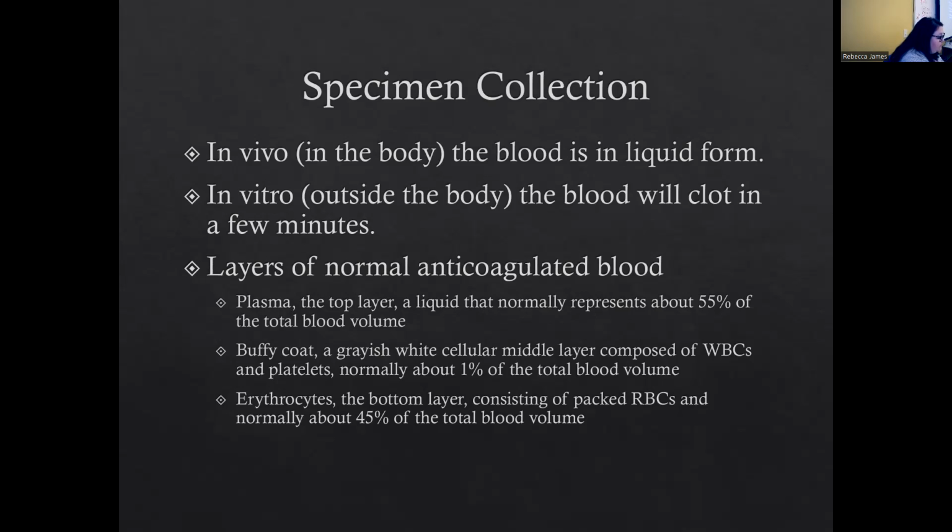When fresh blood is mixed with a substance that prevents the blood clotting, called an anticoagulant, the blood is then separated into plasma, a straw-colored fluid, and then the cellular components, your erythrocytes, your leukocytes, and your platelets.